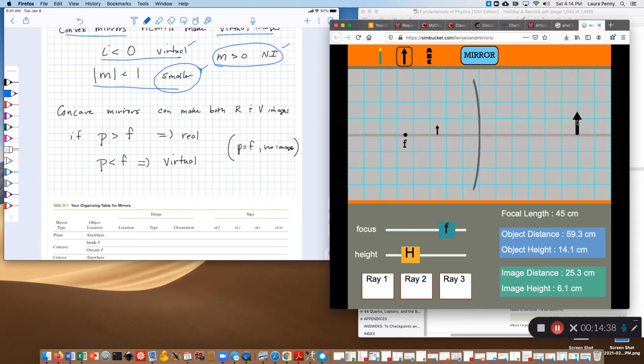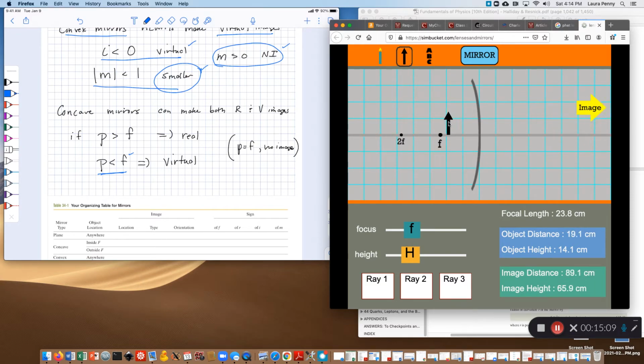Concave mirrors can do different things. So for a concave mirror, let me make my focal length a little bit more reasonable here. If your object is inside the focal point, you get a virtual image. So if your object distance is less than your focal length, so if I'm inside here, I get a virtual image, and it's larger, not inverted.